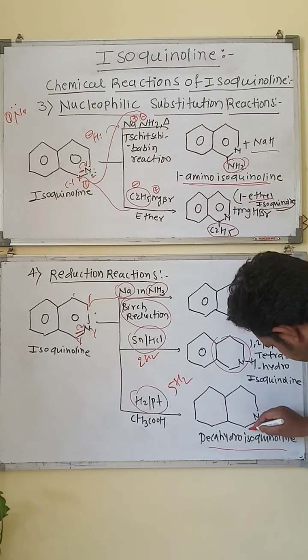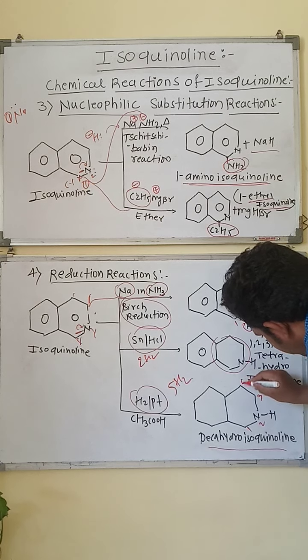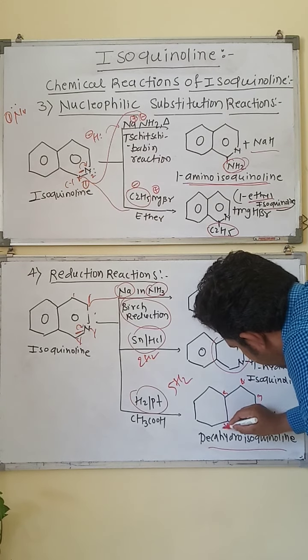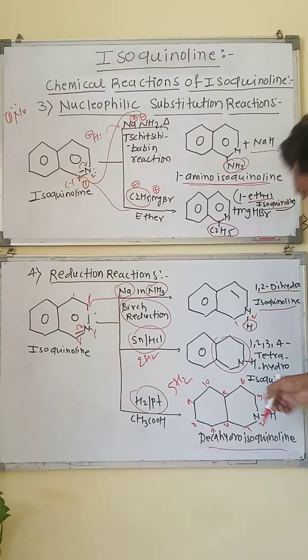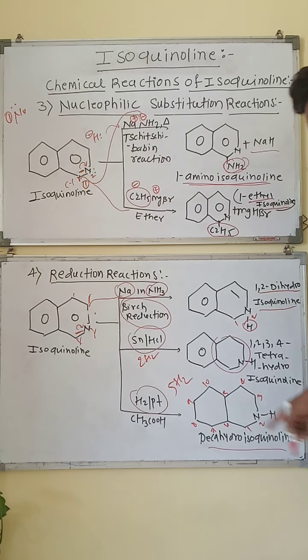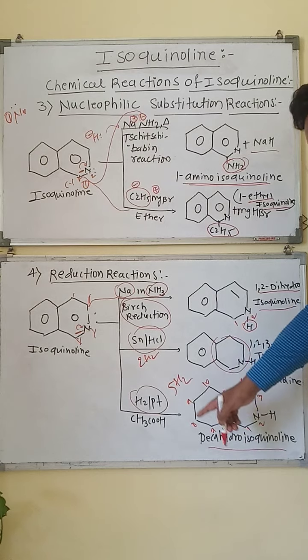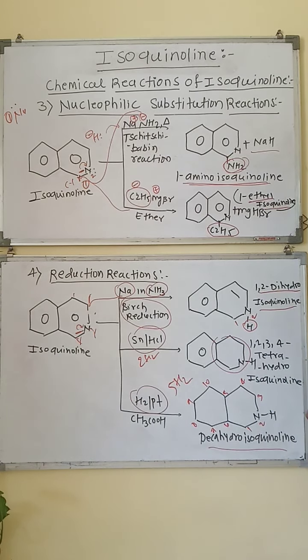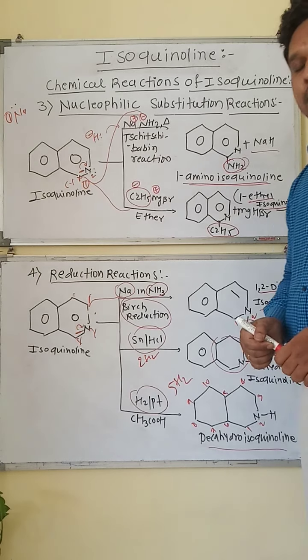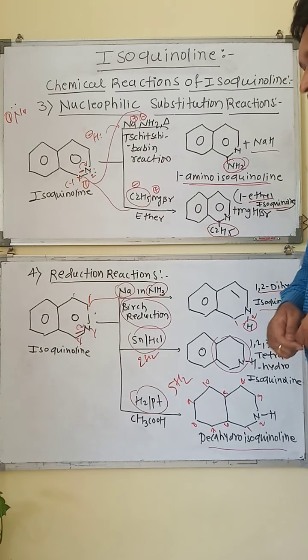The first carbon, second, third, fourth, then 5, 6, 7, after that 8, 9 and 10. All carbons and the nitrogen are saturated by hydrogens in this reaction. So it is the formation of decahydroisoquinoline. This is the reduction reactions of isoquinoline.